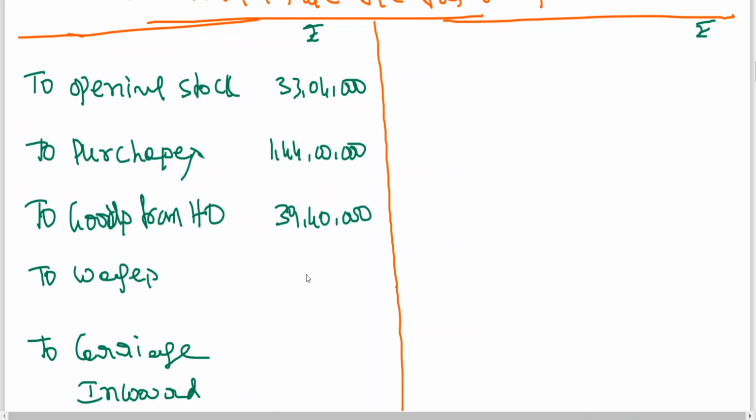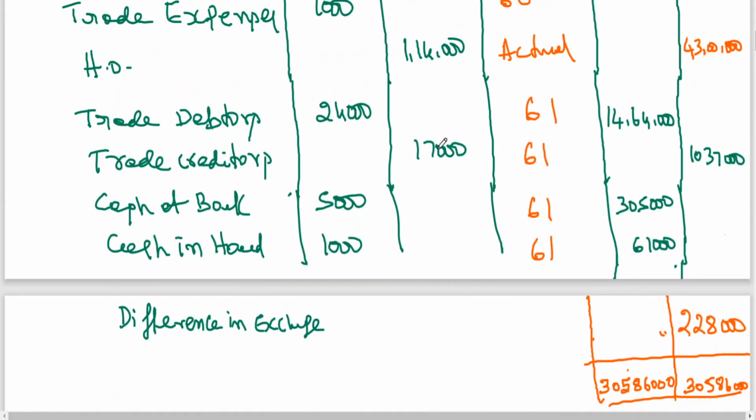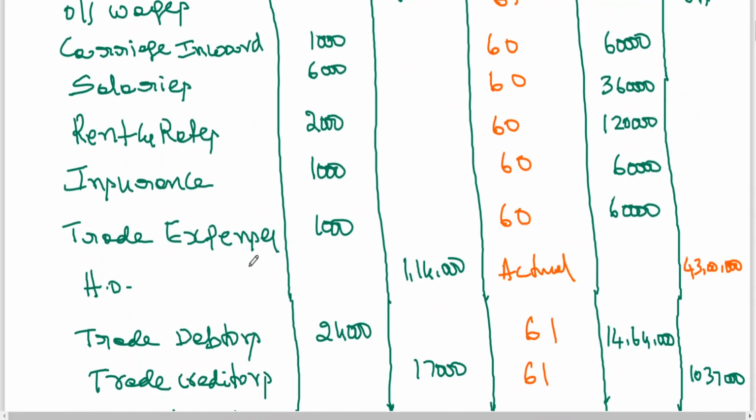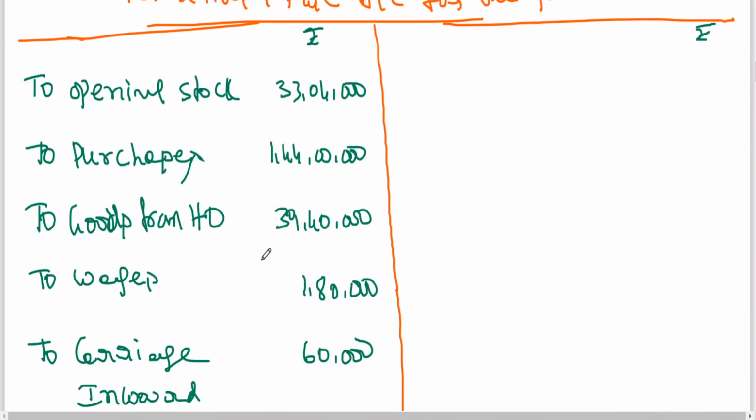Wages we have already seen, 2,000 plus 1,000 plus 60 into 60, we got something like 1,80,000. Carriage inwards 60,000. You can see that we have written all those things. Salaries, rent, insurance, trade expenses, they all will go to profit and loss account.